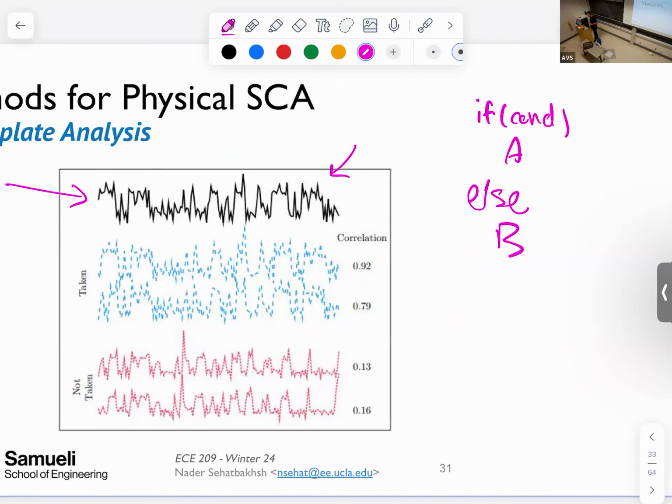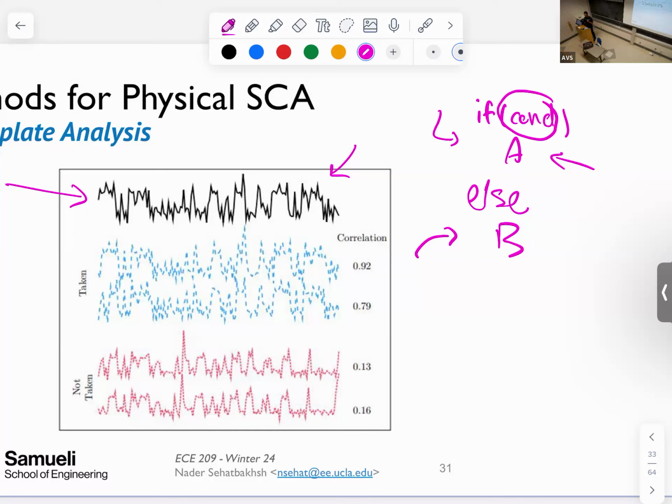Let's say I want to know whether A was executed or B was executed. Why would I want to know that? Because if I can tell you that A was executed, then you know whether the condition was true or not.